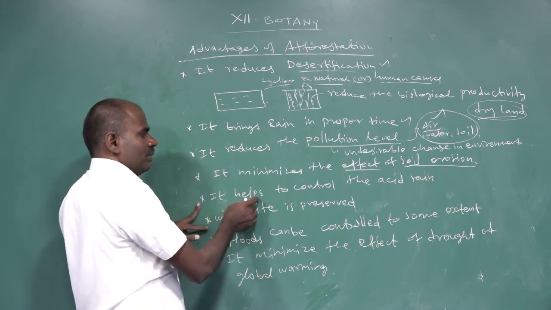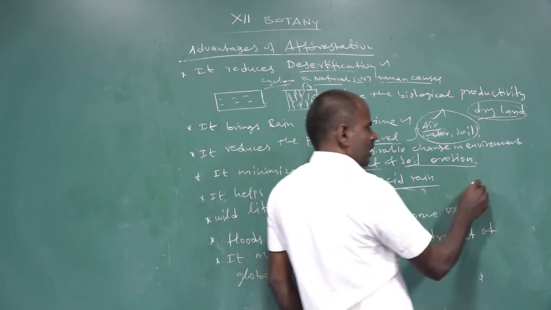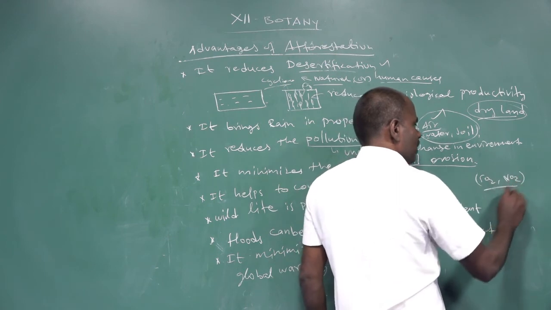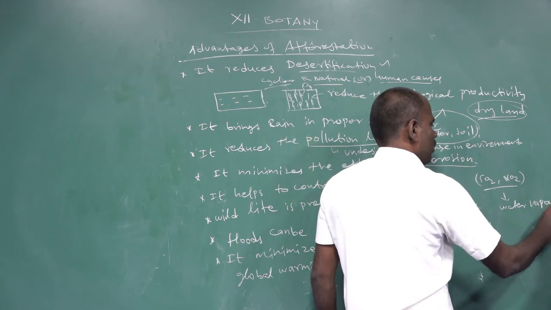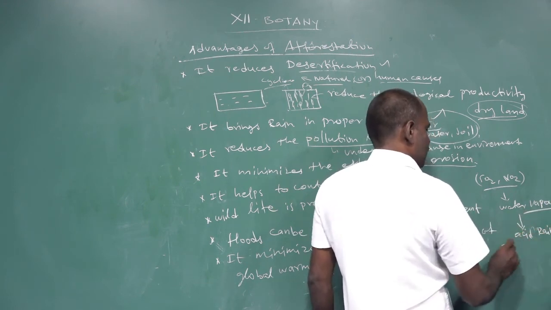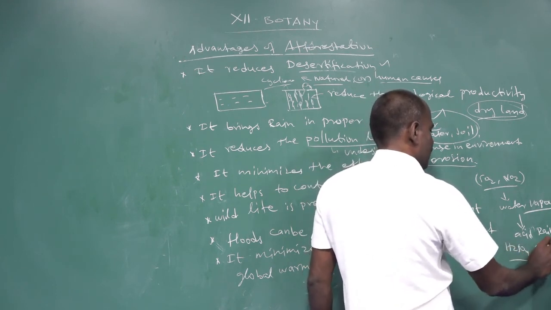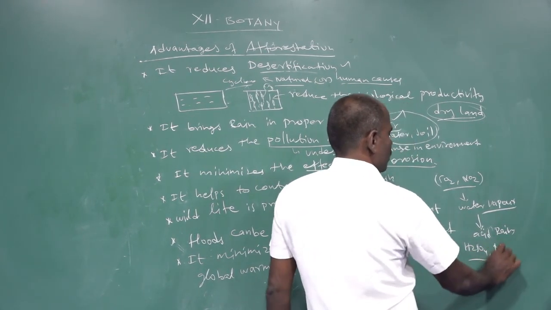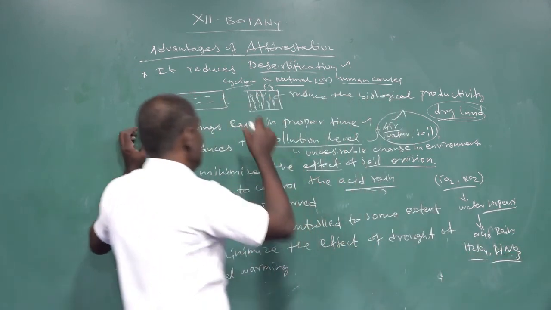The fourth one is that it helps control acid rain. So what is acid rain? Sulfur dioxide and nitrogen dioxide mix with water vapor to form acid rain: H2SO4, sulfuric acid, and HNO3, nitric acid, which form during the rainy season.